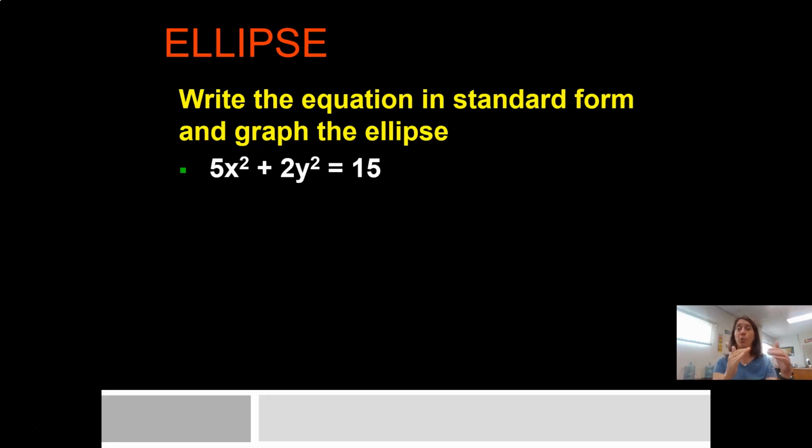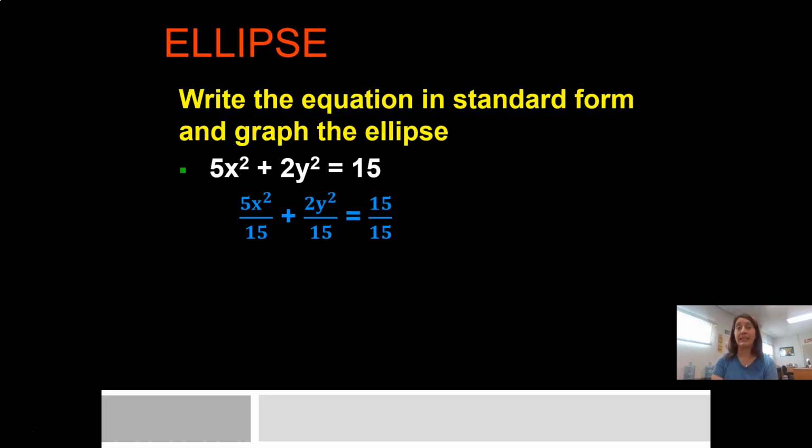Remember, it said x squared over something plus y squared over something was equal to the number 1. Well, I don't have equal to 1, and I don't have fractions. How would I get those pieces into my question? I'm going to take the 15 that's on the right-hand side of the equation, and I'm going to divide every single piece of my equation by 15.